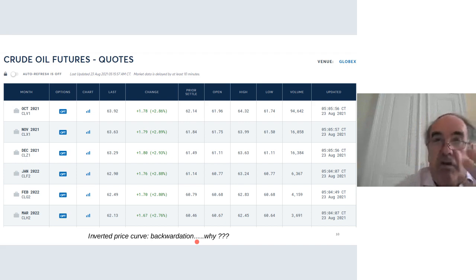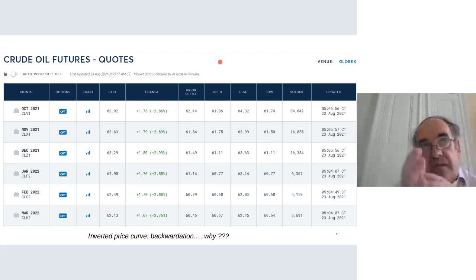Normally, the curve is moving up. And when the curve is moving up, which is the normal situation, we say that the market is in contango. Contango is when the futures price curve is increasing. Normally, it's in contango because interest rates and cost of carry have a cost: cost of financing and cost of carry.